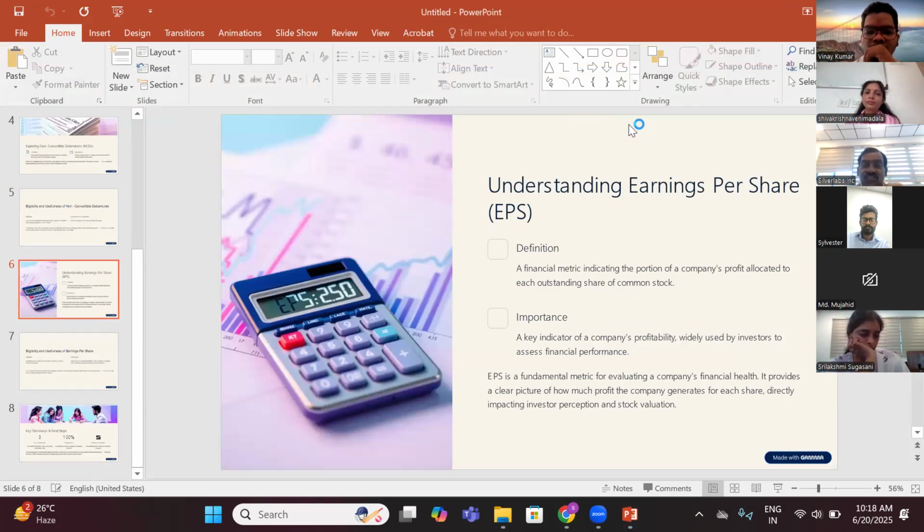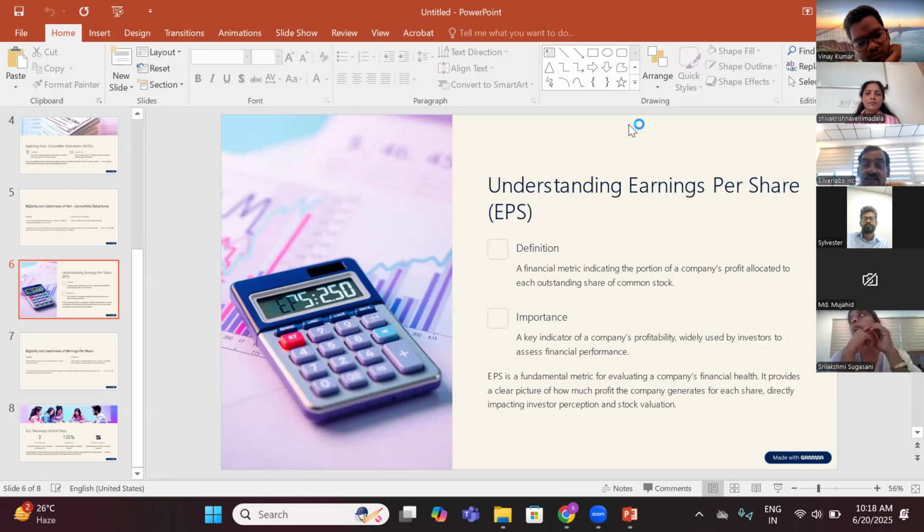Understanding earnings per share, EPS, a financial metric indicating the portion of a company's profit allocated to each outstanding share of common stock.